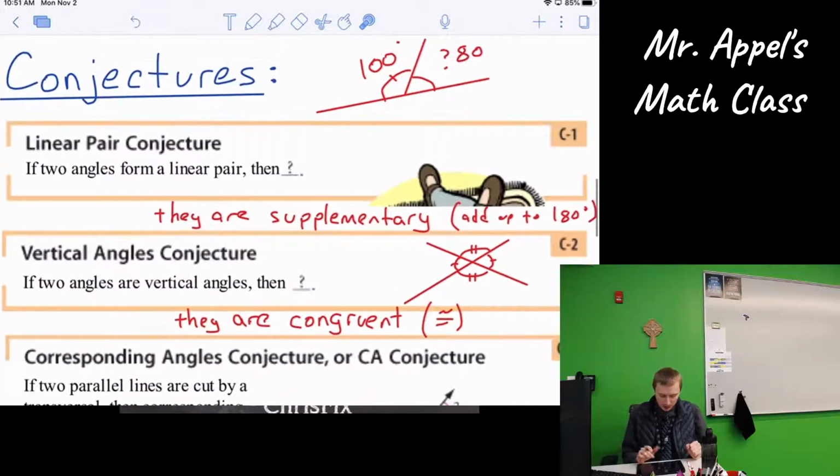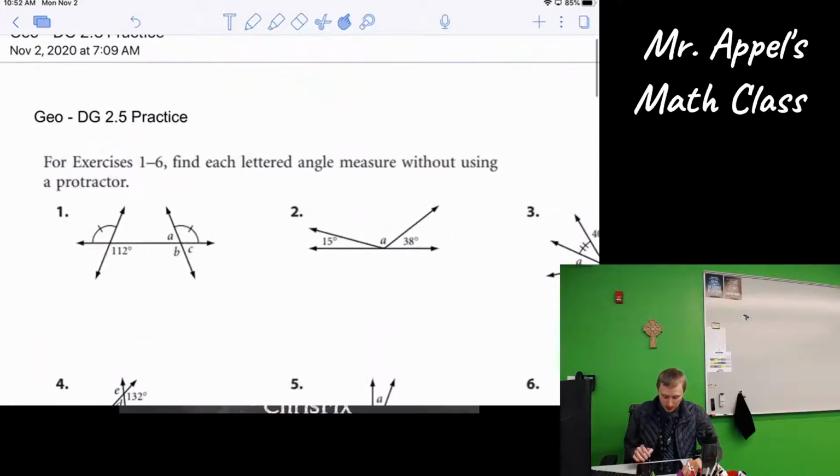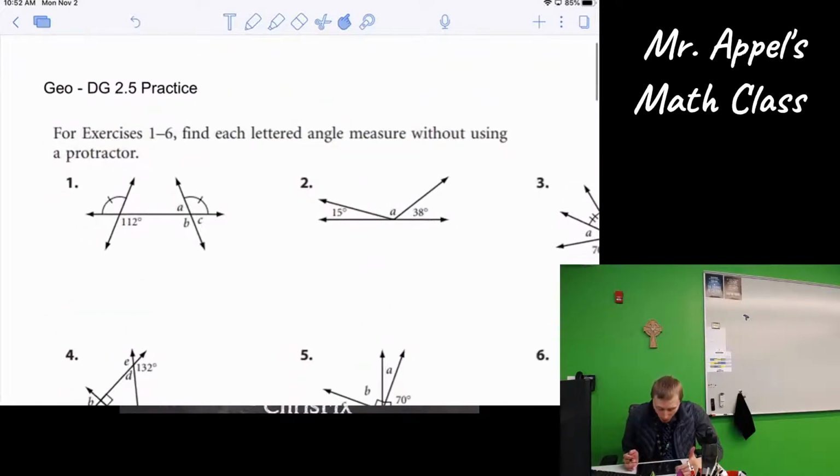All right, any questions on linear pairs or vertical angles? Okay, quick detour. Your exercises for today are going to give you some sets of angles, and you will have to find their values based on the given information.